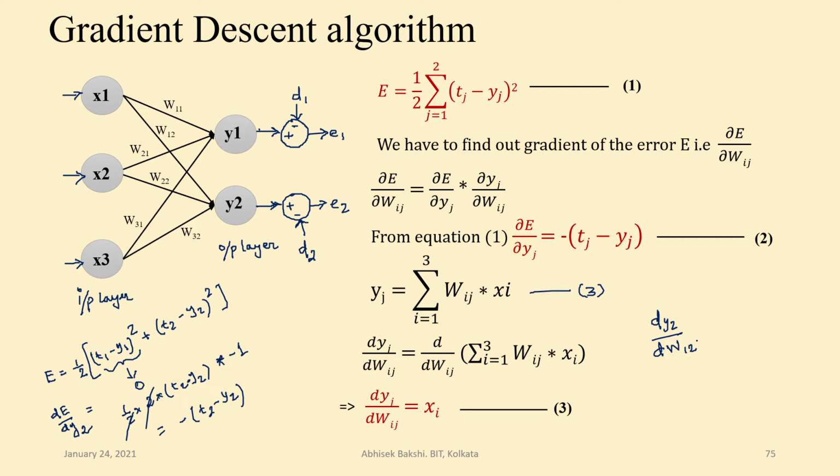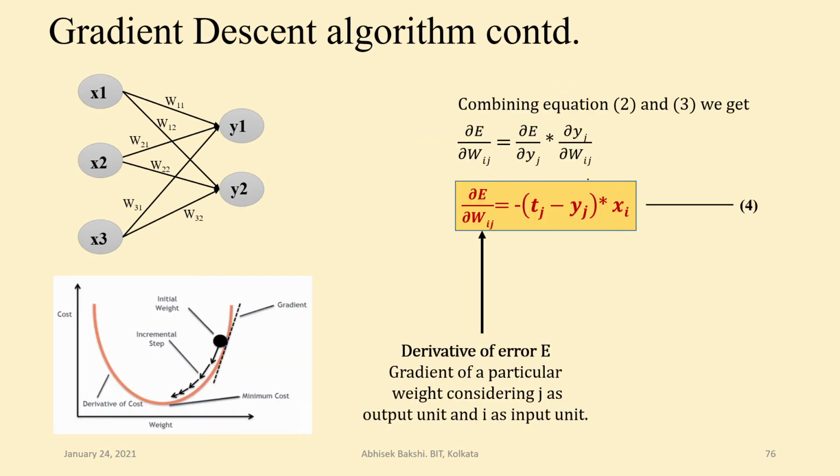So if you convert this example with respect to ij, instead of w12, this wij is coming from the ith neuron. That's why xi will be left. That means dyj by dwij is xi. Now these components I have found out, so I can easily compute this equation.